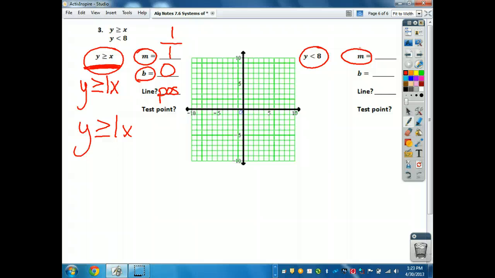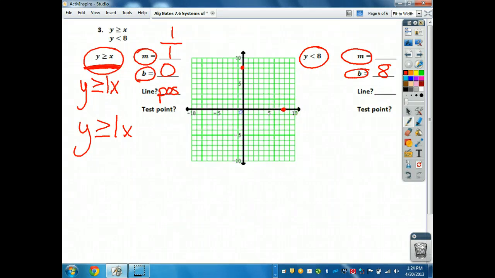Interesting. Let's plot this one. We know what the y-intercept is. It's 8. Do we know if the line's going to be positive or negative? We don't know yet, right? Because it's going to have to be either vertical or horizontal. All right, so here we go. Do I put this 8 here or here?